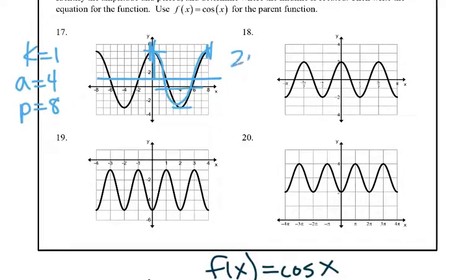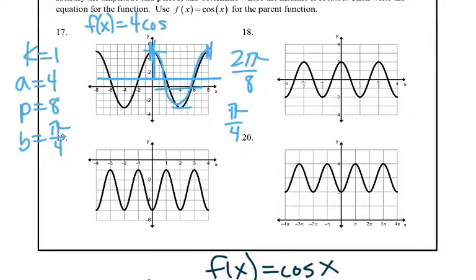So I go 2 pi divided by 8. That becomes pi over 4 when we simplify. So my b is pi over 4. So I would go f of x equals 4 times the cosine of pi over 4x plus 1.